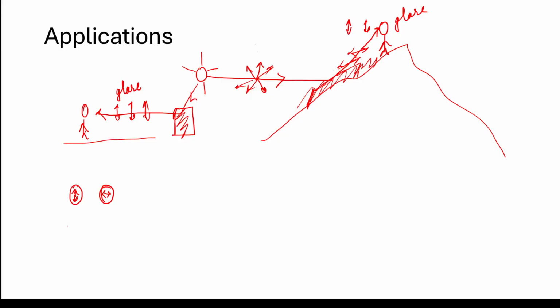So two images reach your brain, one with the vertical oscillations of the electric field and one with the horizontal electric field. The brain merges them together, and then you can see the 3D image. So these are the applications of polarization.